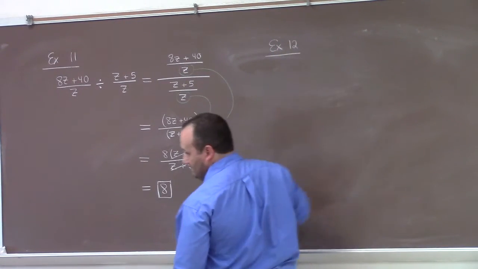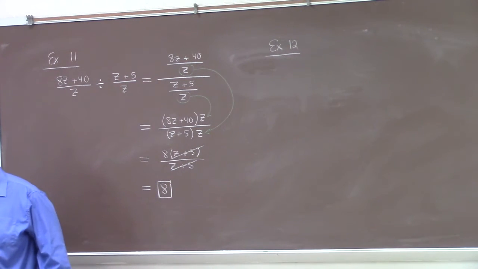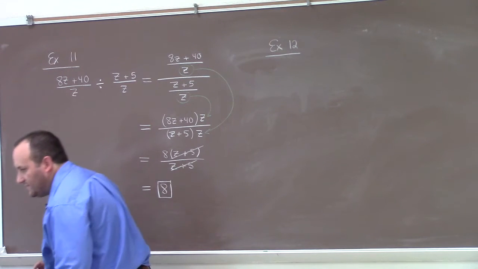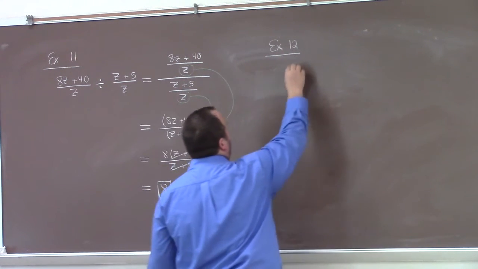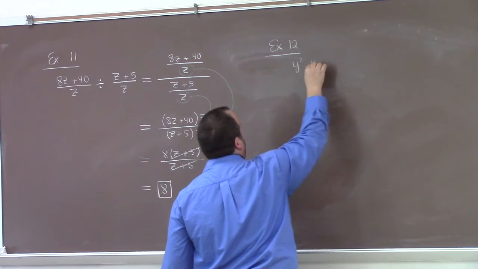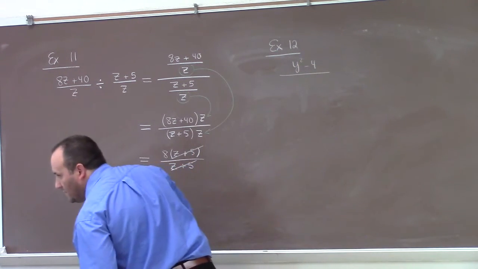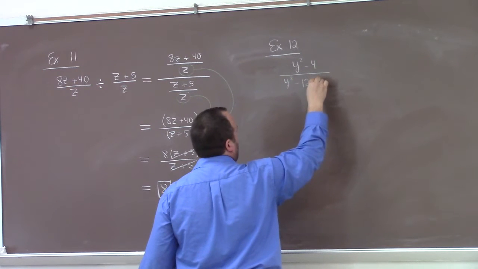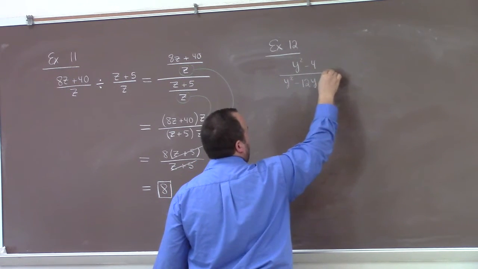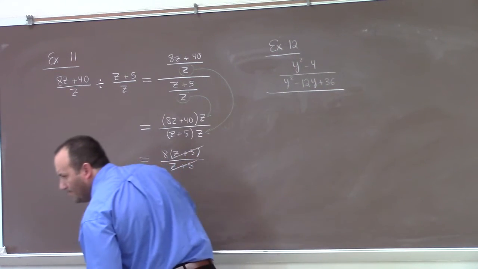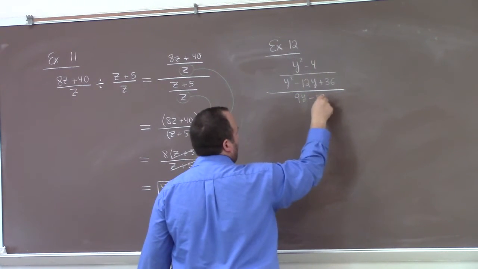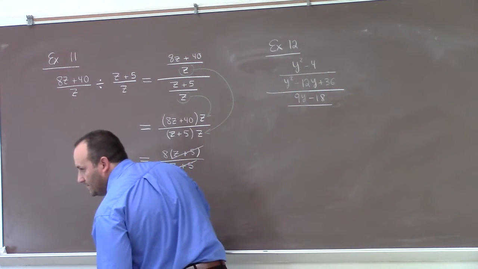Exercise 12. We have y squared minus 4 divided by y squared minus 12y plus 36, thank you, divided by what? 9y minus 18?